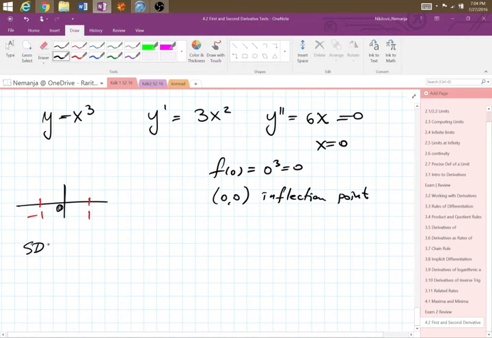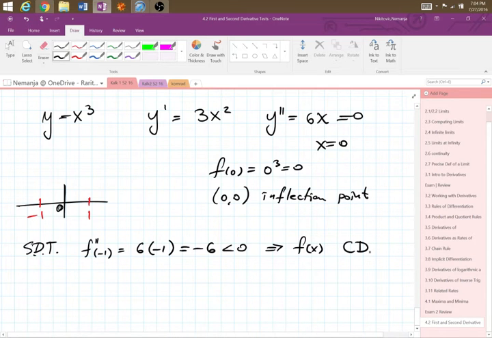So the second derivative test: f double prime computed at -1 is going to be 6 times -1 is -6, which is less than 0, which implies f of x is concave down from -infinity to 0.